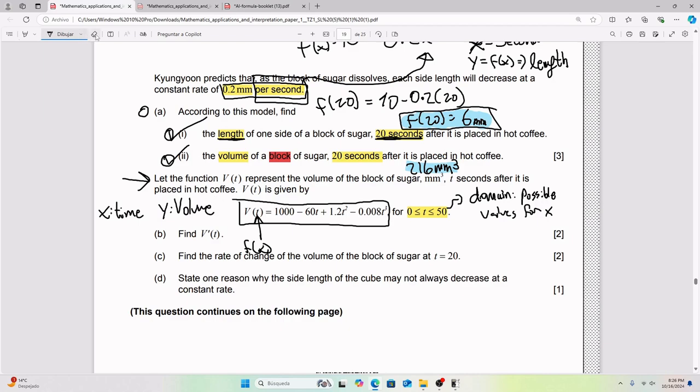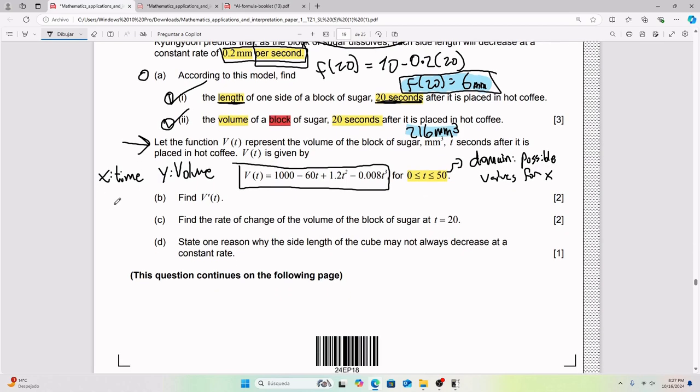All we know is that this model for the volume of a block of sugar t seconds after entering hot coffee is useful, or we're going to consider it, for between 0 and 50 seconds. We can't use it above 50.